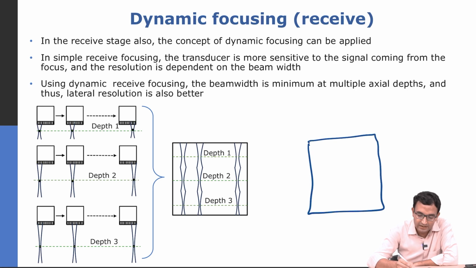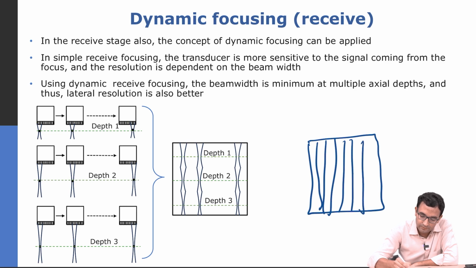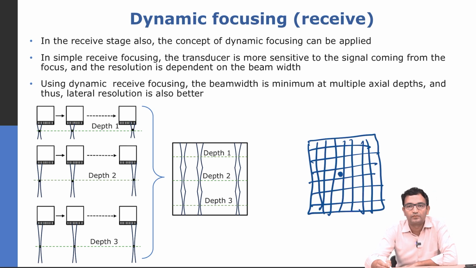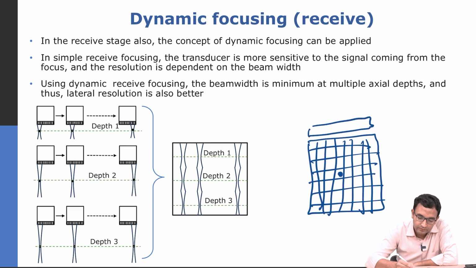So let's say this is my grid over which I am trying to reconstruct my image. This is my grid. And I choose any pixel, right? So to reconstruct this pixel, what I am going to do is look at, this is my transducer.